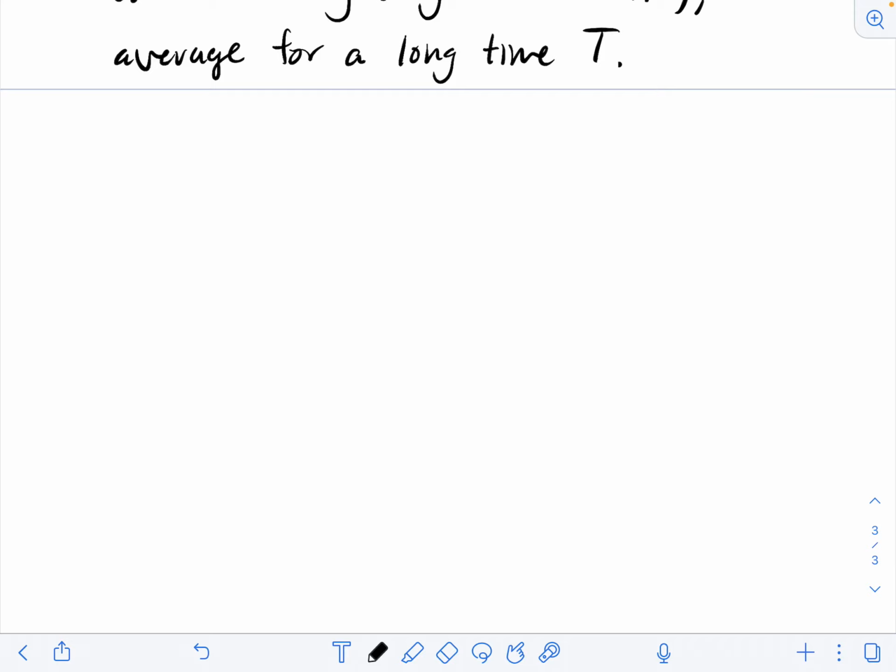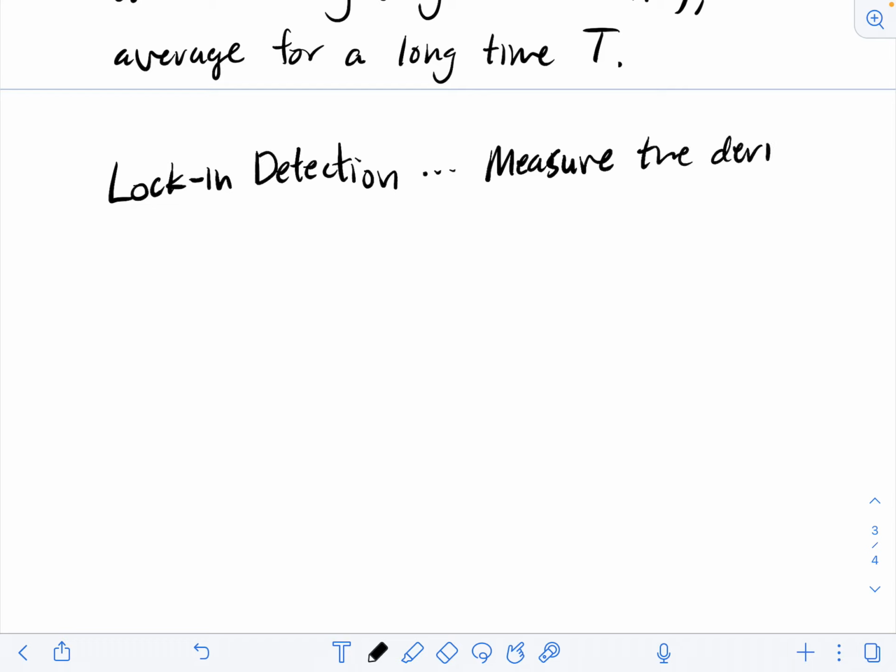The topic is lock-in detection, and specifically we're going to use it to measure the first derivative of a system's response. This will be more of an intuitive discussion, trying to get a feeling for the essence of how this works rather than a quantitative derivation.